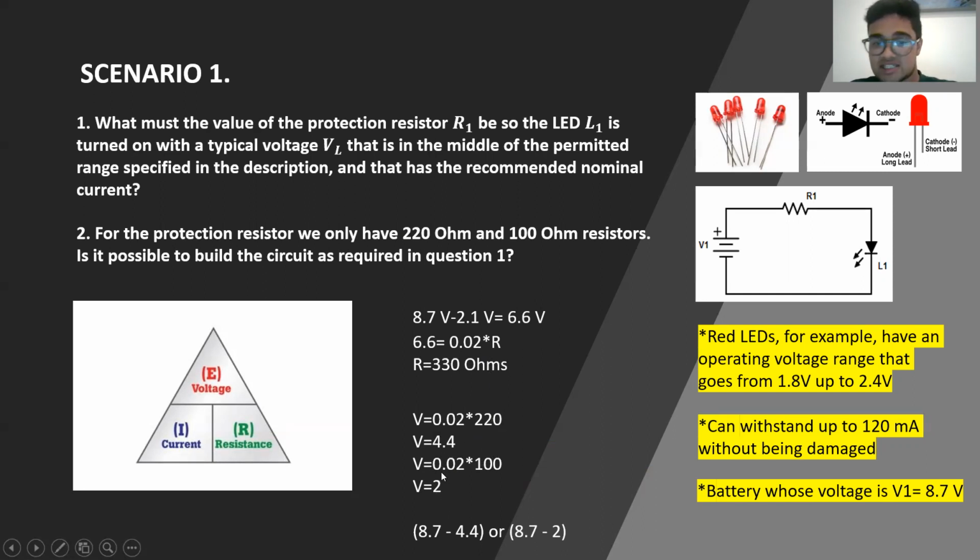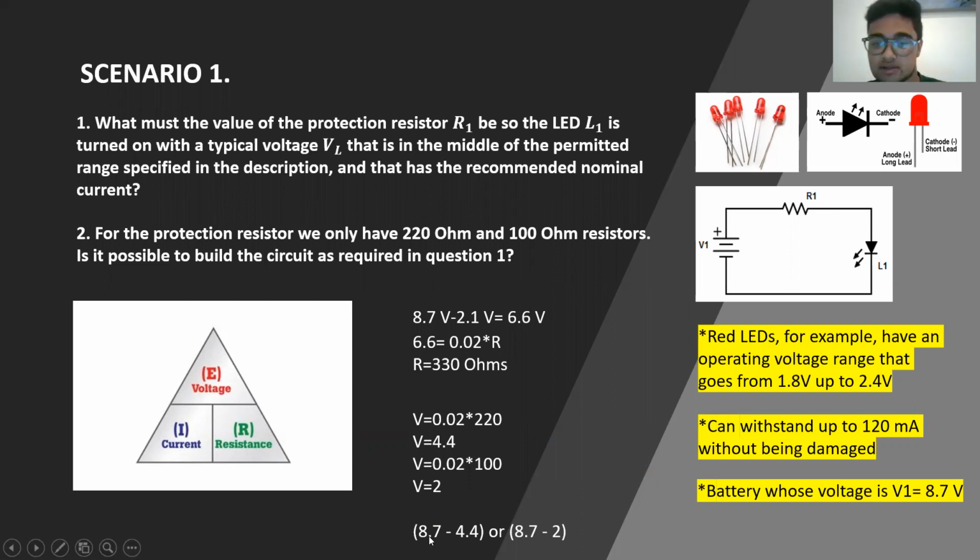These values of volts give us the delta of the circuit voltage. So we need to subtract the value of the battery minus the volts that go through the resistor.